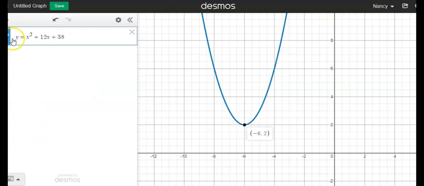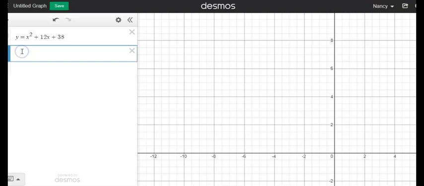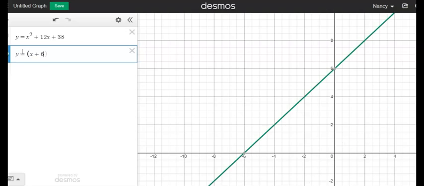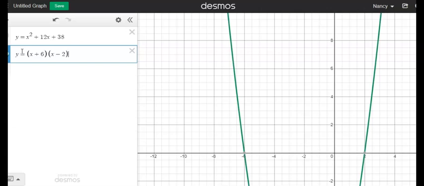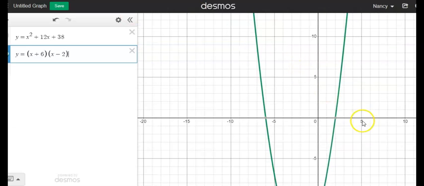So to make this one invisible, I'm going to just click on the little circle over there, and I'm going to type my next one in the next line. Okay, so this one is y equals, and you can type these in any form, and it will graph it. X plus 6, x minus 2. All right, go find the vertex.